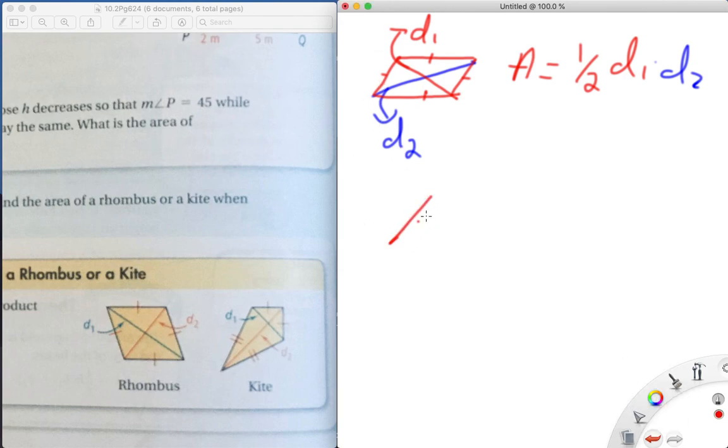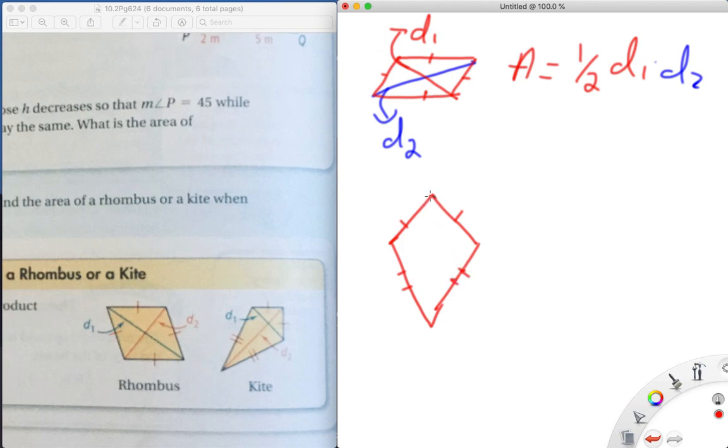So we have a kite, and if you remember, a kite is a quadrilateral where the consecutive sides are congruent, so no opposite sides are congruent.